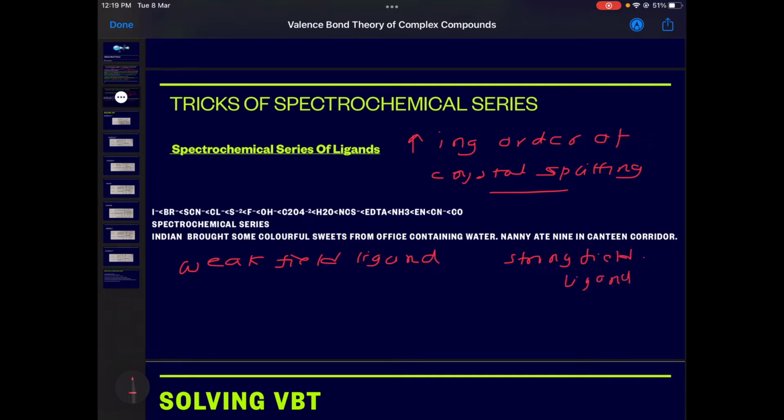Just remember that cyano and carbonyl are strong field ligands, and a strong field ligand will always form a low spin complex. All the others are weak field ligands, and these will form a high spin complex.